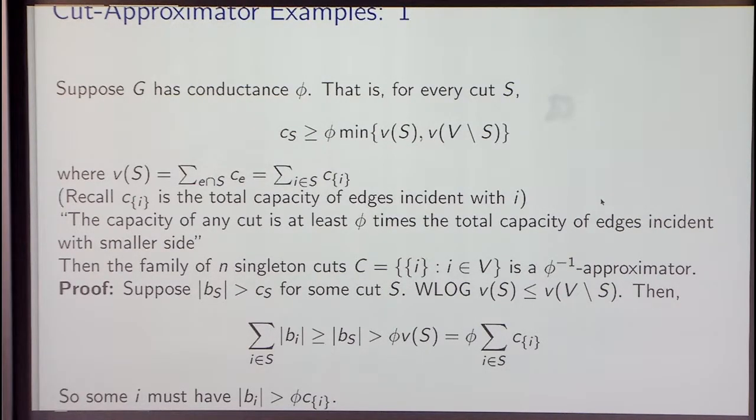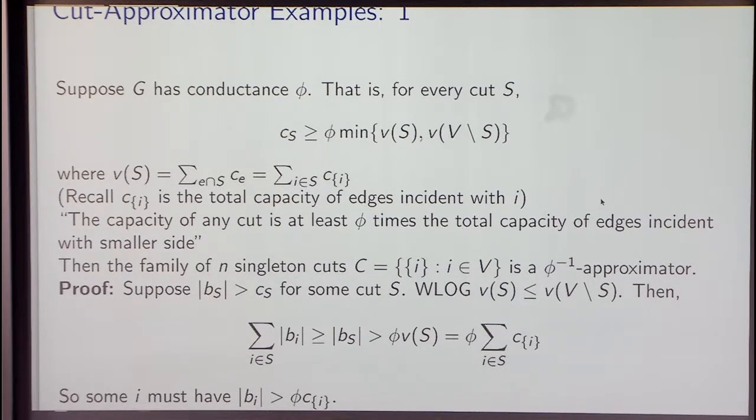Remember I use the notation C_S for the capacity of edges leaving the cut. So C of singleton i is the total capacity of edges incident with i, or the weighted degree of i. Then if this holds, some i must have b_i bigger than phi C_i.